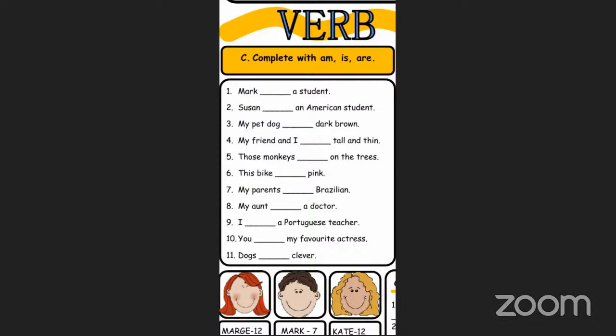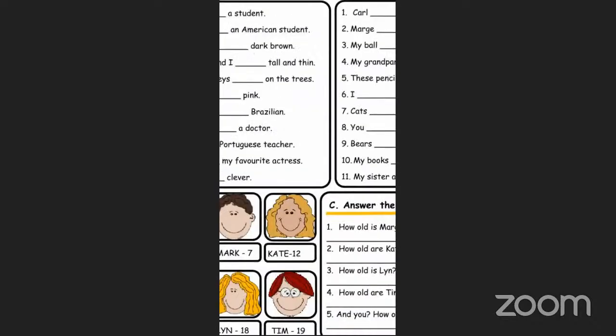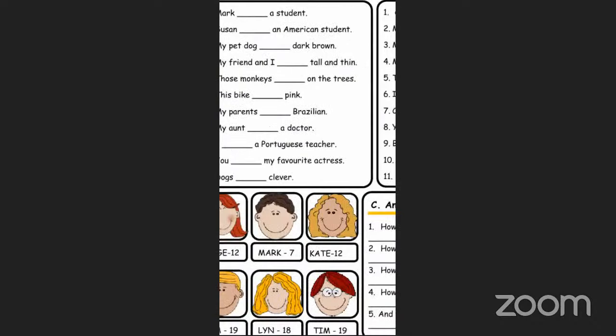So students, now we have done several activities on be verbs. I think you have got a clear idea of using be verbs because this is a basic lesson and it's very important, because when you go to the upper classes, it is going to be helpful.